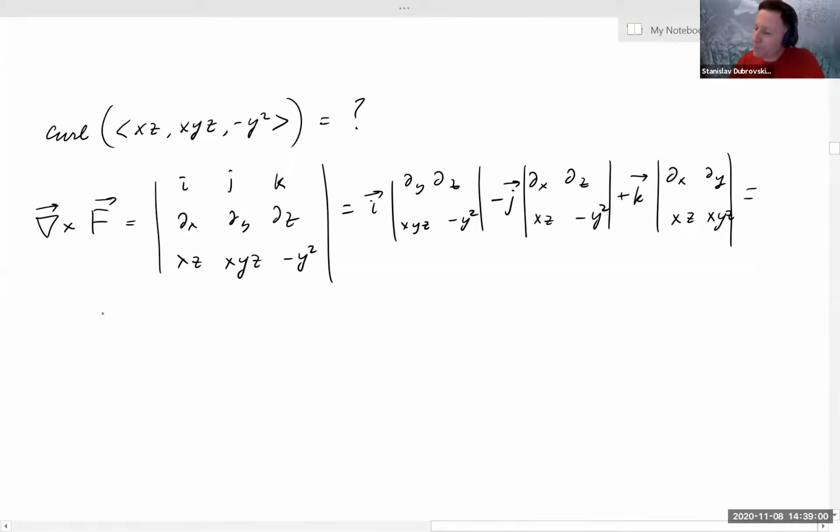So we will have the cross product with a plus.